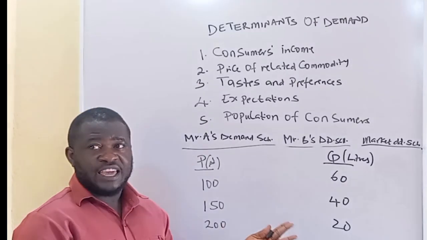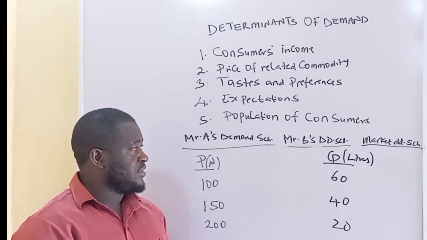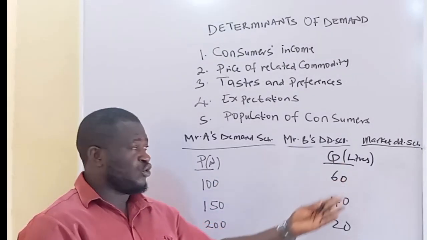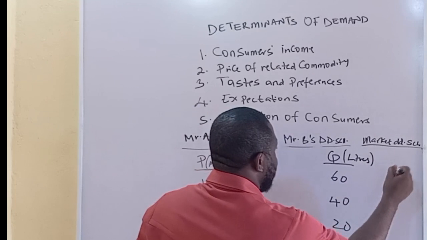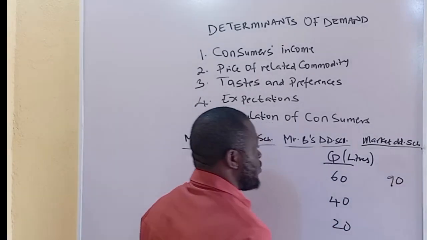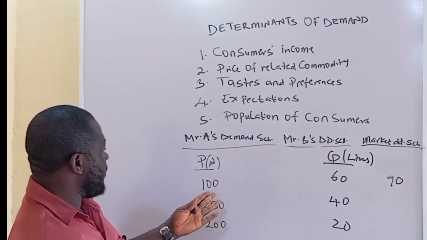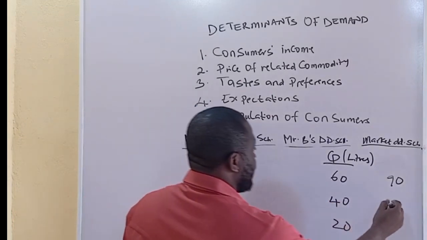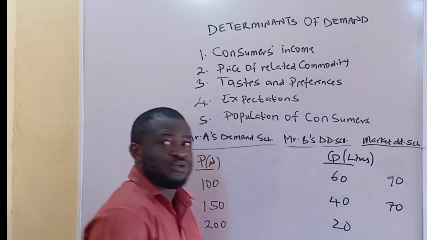Let's assume that Mr. A's income increases, and at the price of 100 naira, instead of purchasing 60 litres of petrol, Mr. A can now afford to purchase, say, 90 litres of petrol. While at the price of 150, instead of purchasing 50 litres of petrol, Mr. A can now afford to purchase 70 litres of petrol.